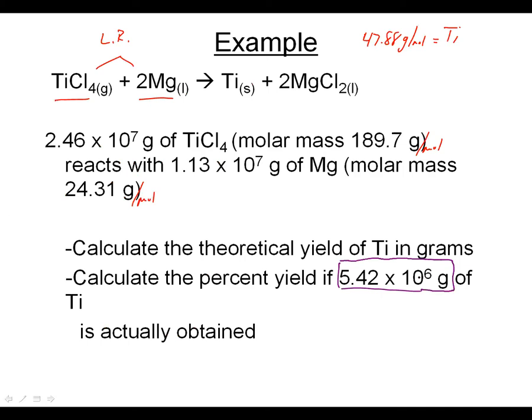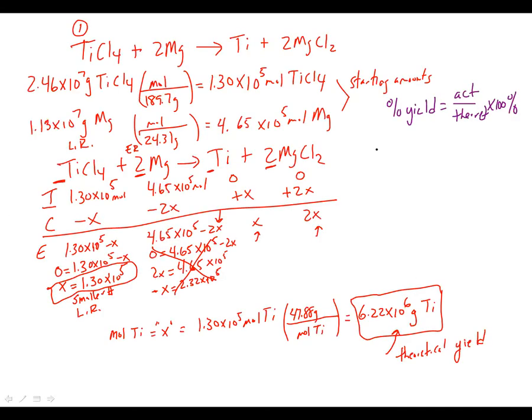So it's 5.42 times 10 to the 6. So our percent yield: 5.42 times 10 to the 6 grams, divided by our theoretical, which we just calculated, times 100%. And we will get, I believe, what you put in the box there.